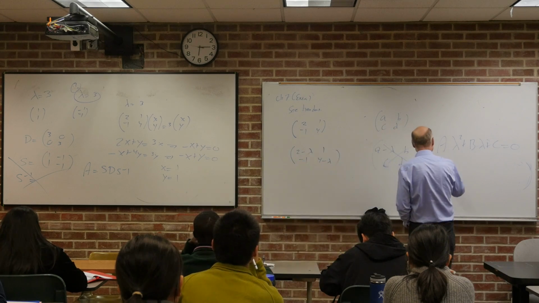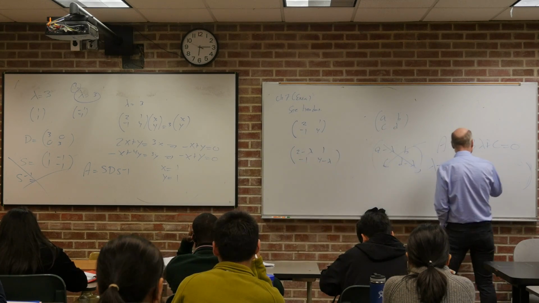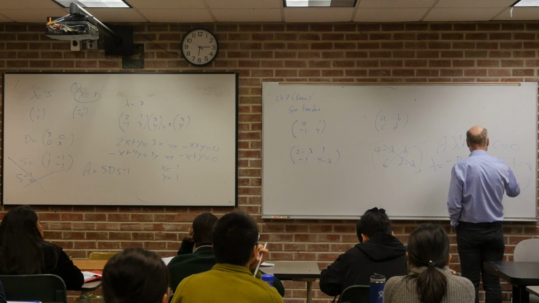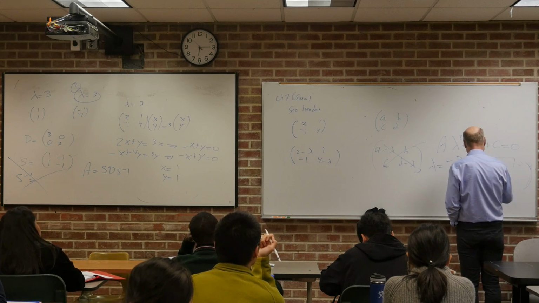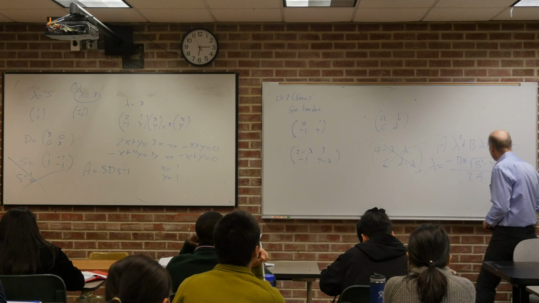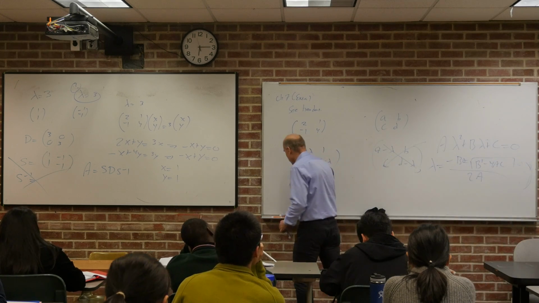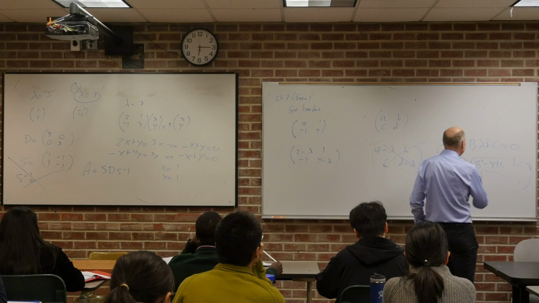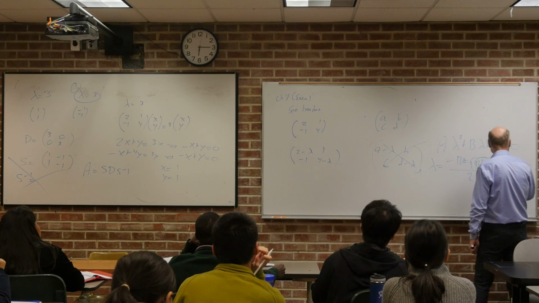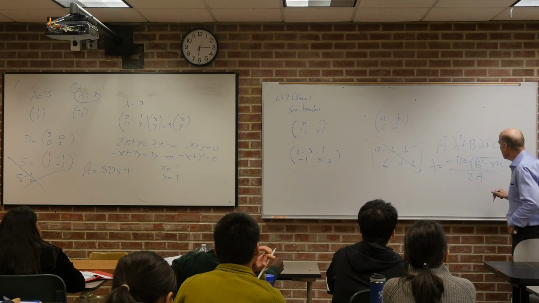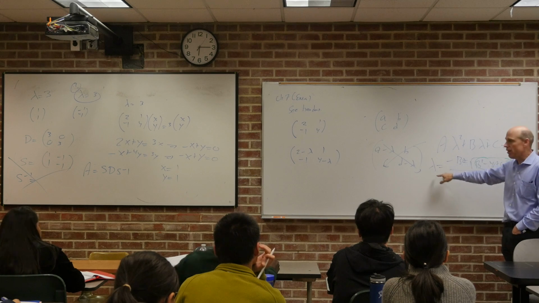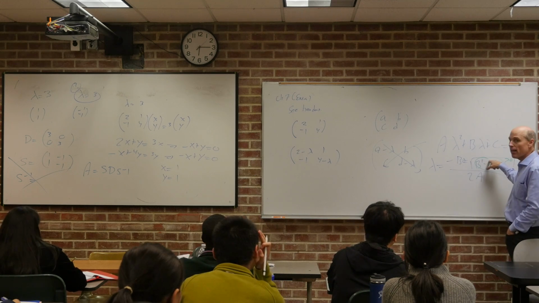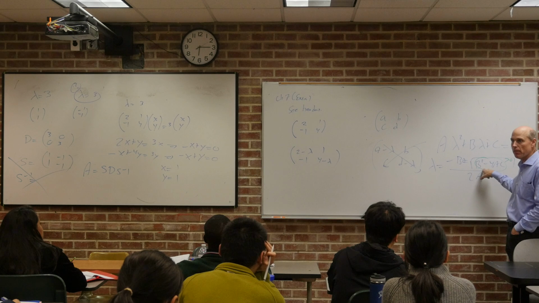And when I use the quadratic formula, I'm going to get this. In the first couple examples, b squared minus 4ac was positive, which means I'm calculating the eigenvalues as negative b plus that number and negative b minus that number.